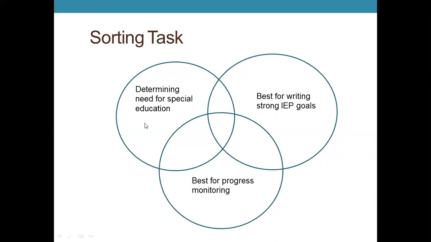CBMs can definitely be used for helping to determine the need for special education, or determining the need in specific areas, because it is norm referenced. So we can look to see if this is an area where the student is performing far below their peers and therefore unable to access the class content. So typically it's not something that's used alone in making this determination.